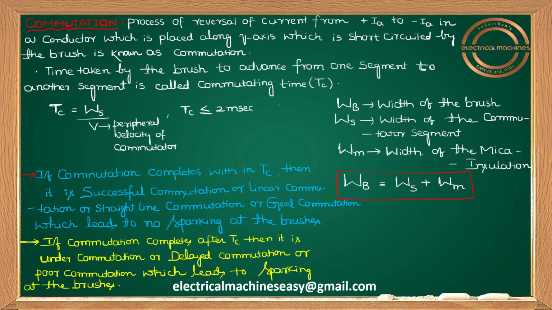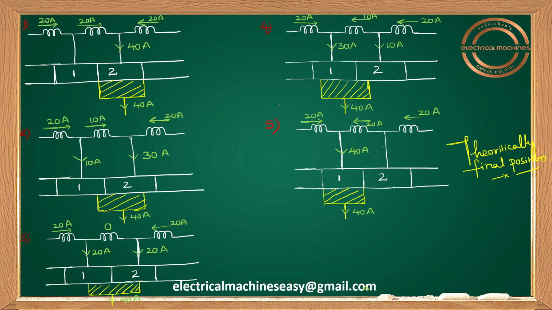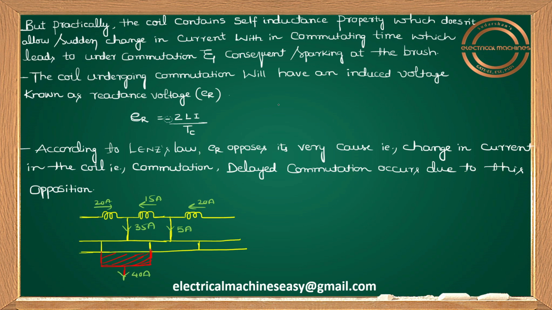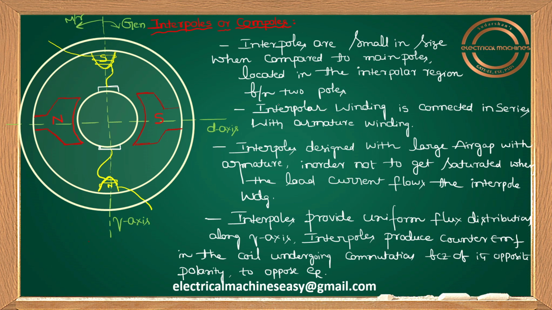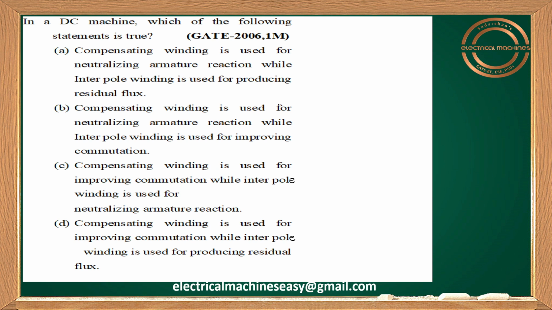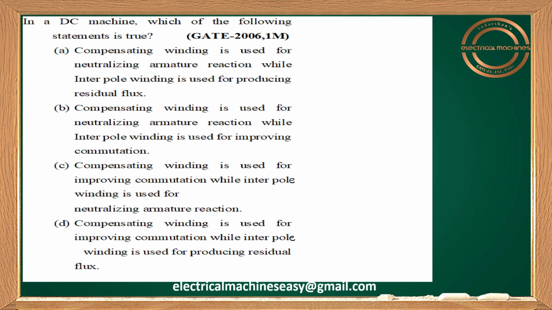So I'll tell you what is good commutation, what is poor commutation, what is under commutation, and why we are getting spark near the brushes. Then to reduce that spark near the brushes, I should use interpoles or compoles. We'll explain that topic also, and regarding that, we are having some more questions. We'll see those things in the next session.